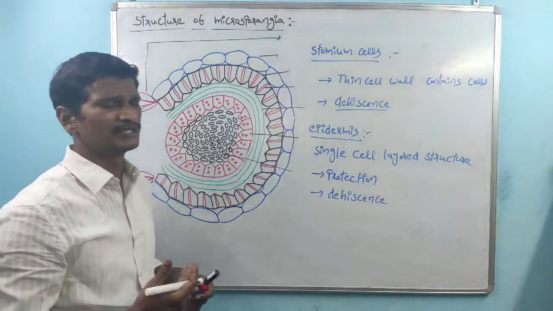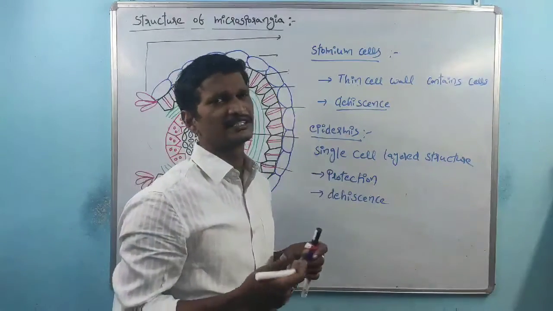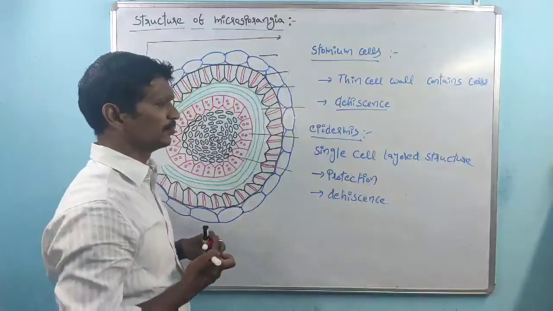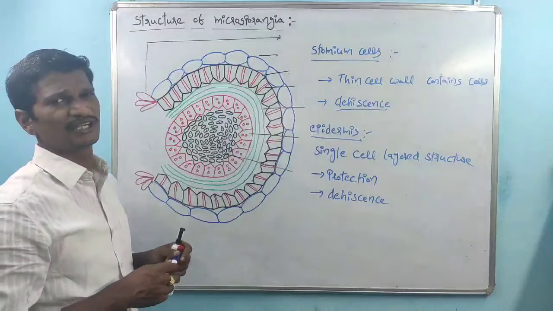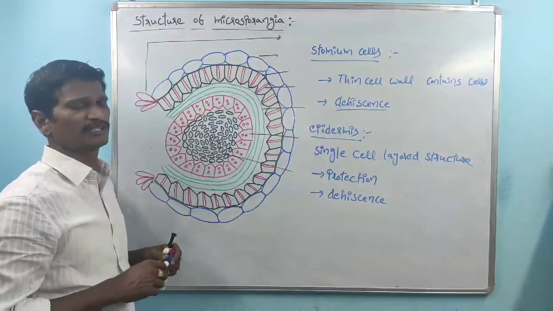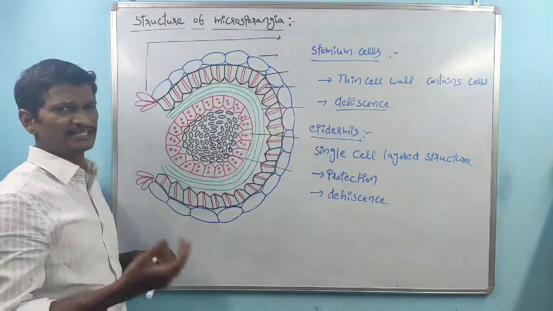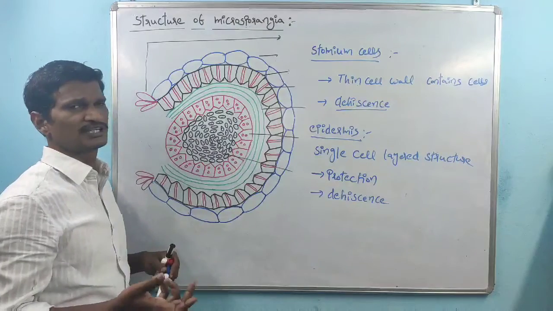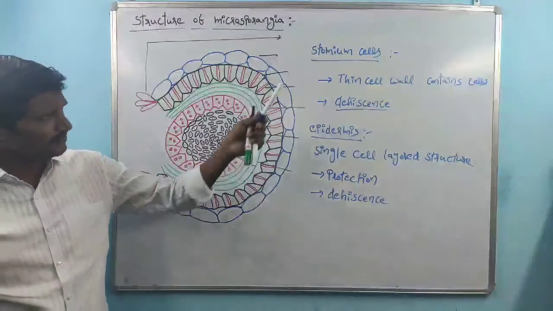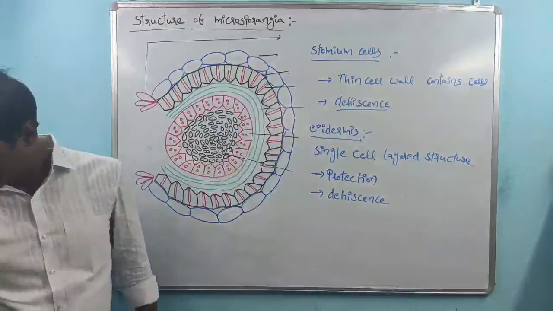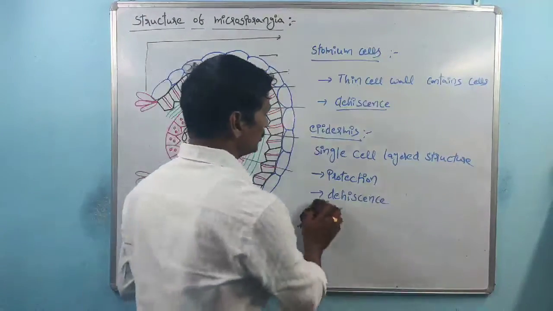So this is the way bits are asked in the NEET examination, right? That's why we have to prepare. We have to remember every line of the NCERT in a proper way. Then we can easily analyze the bits given in the NEET examination. So that is about stomium and the epidermis. Coming to the next one, the endothelium.